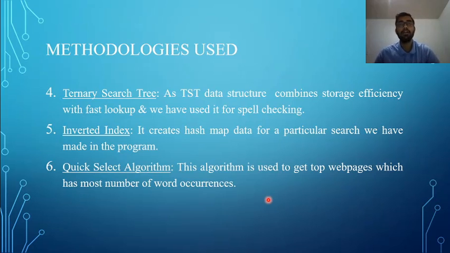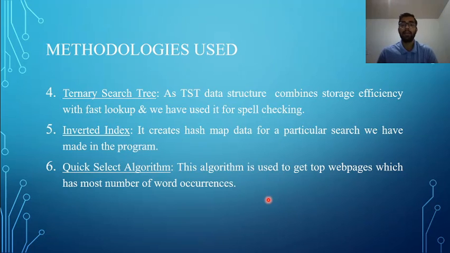For example, when a user enters the string database to be searched across all the txt files, the inverted index will return the list of files in which the string database is present. That list of files will be given as the input to the quick select algorithm.